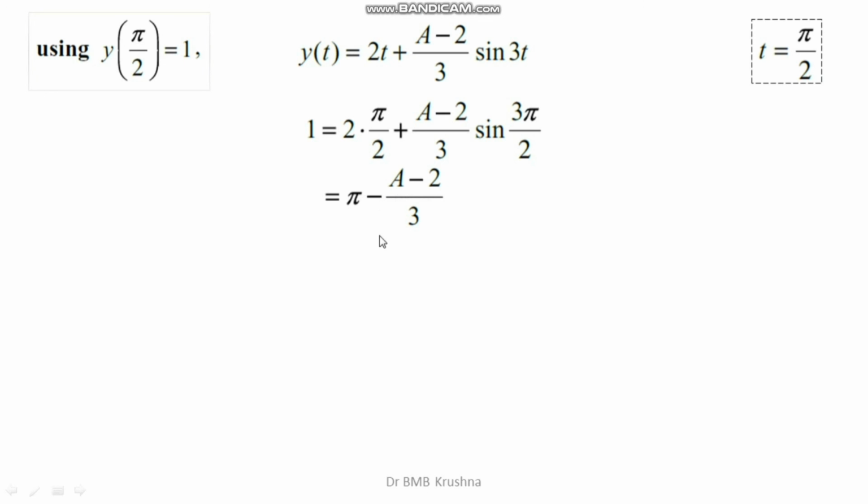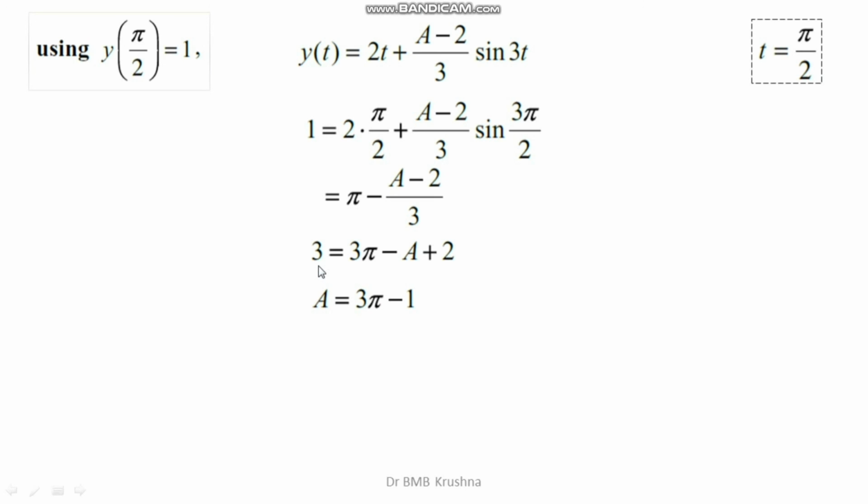LCM is 3 here, that is why we have 3 equals 3 pi plus 2. We have to find the generalized constant a. We have a is 3 pi.